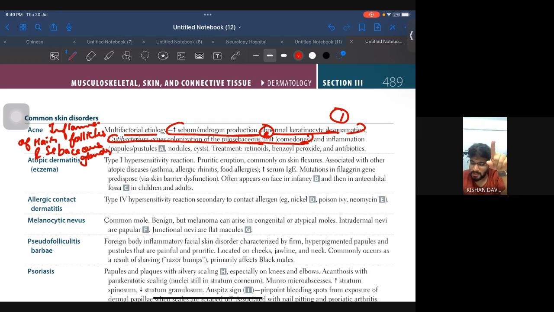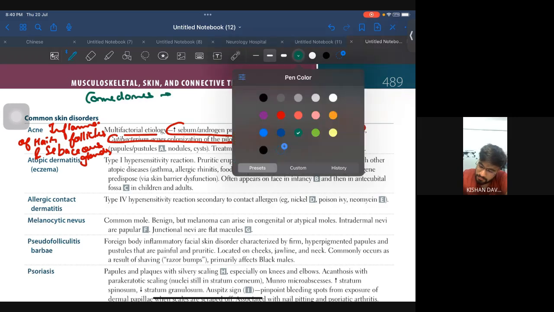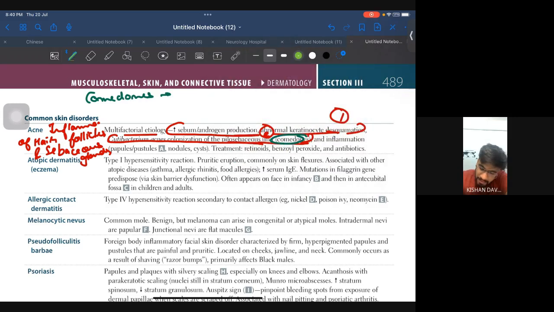So what happens here is, just write down one or two lines. They have given the term comedones over here. So what is a comedone? Comedones are debris blocking the sebaceous duct.